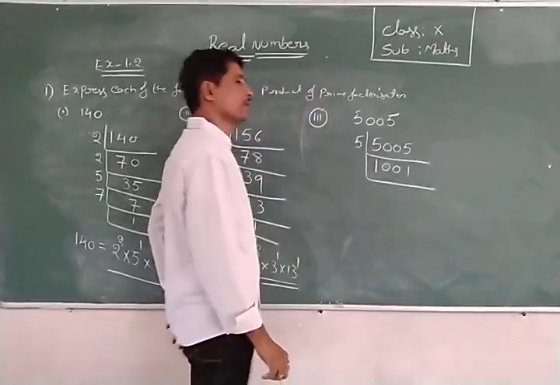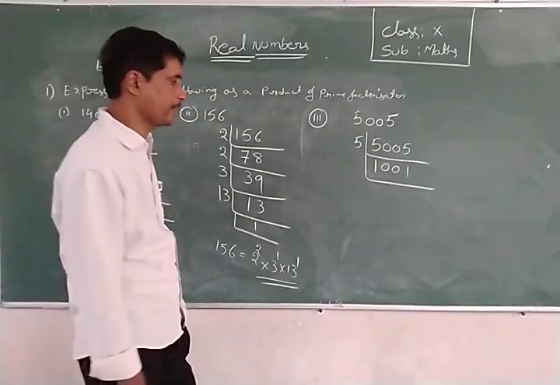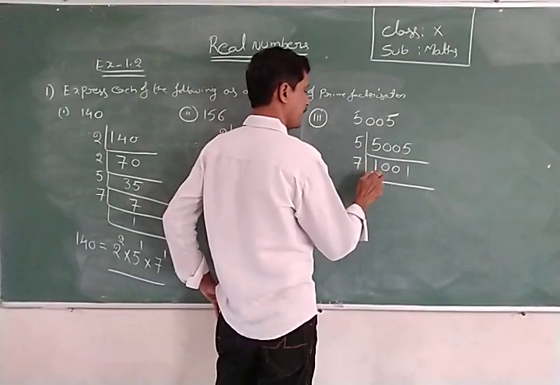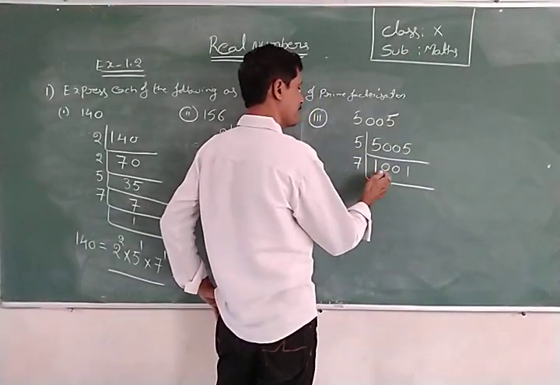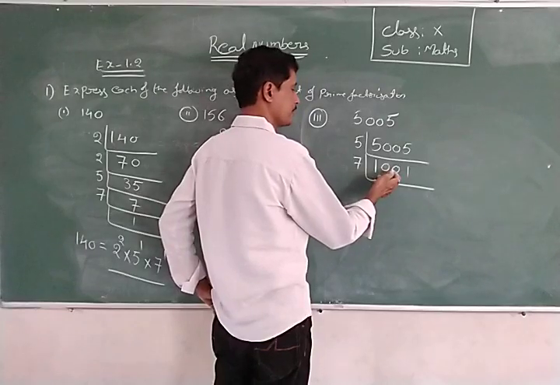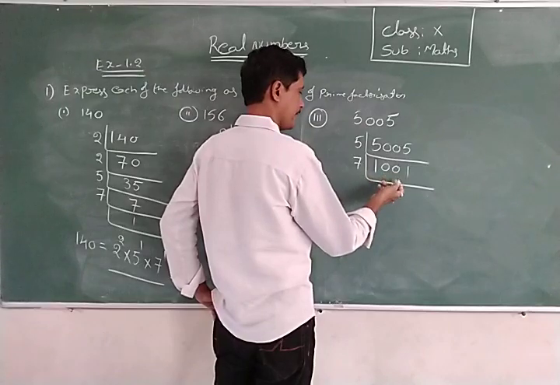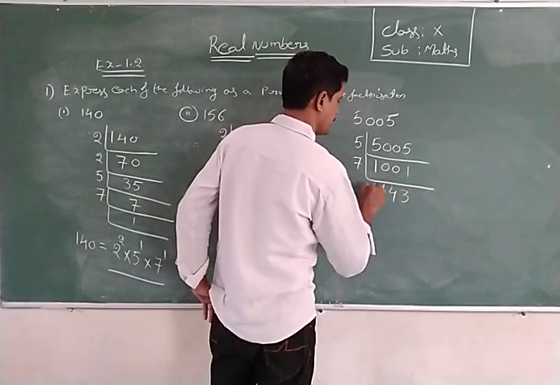Next, which table? It may be the 7 table, so check once. 7 ones are 7, 10 minus 7 is 3, 30 is 7 fours, then 7 threes.